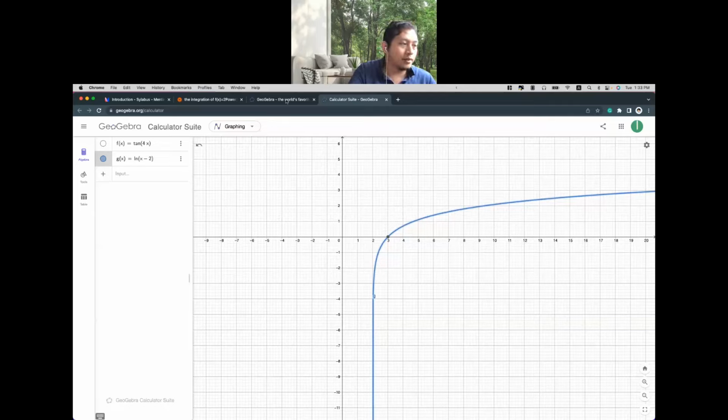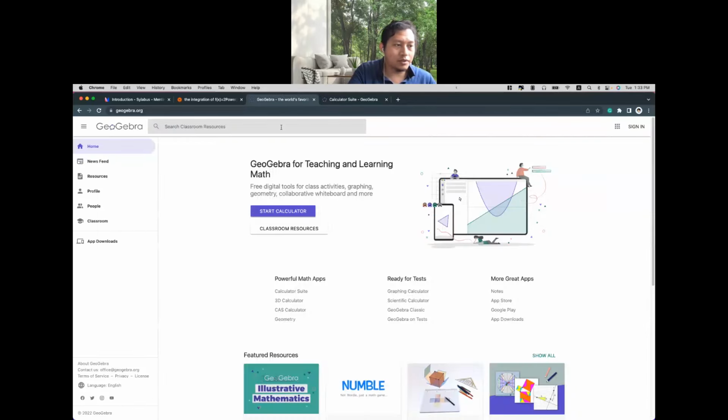Basically, you can visualize the graphs to help you maybe for some observations. Okay? Another thing for this GeoGebra is, for example, one of the topics that we are going to tackle is the logistic equation, or maybe before that, the slope field.